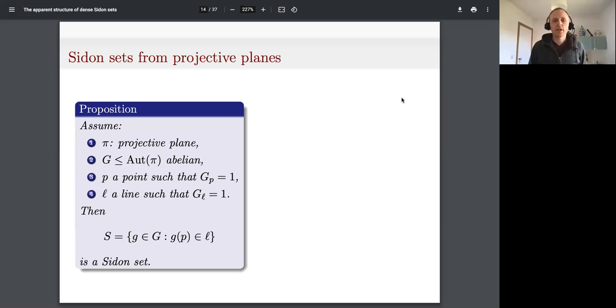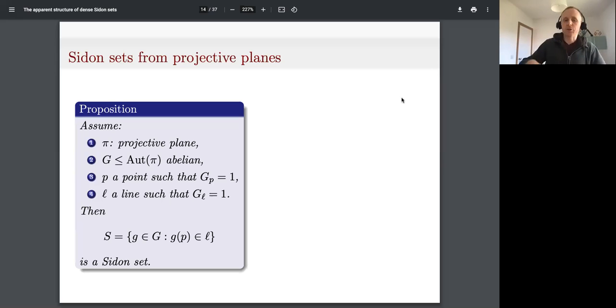And then what I need for this construction is an abelian subgroup of the automorphism group. So call that G. That's going to be our group. And then finally, I need a point with trivial stabilizer and a line with trivial stabilizer. So in other words, if you look at the orbit of this point, the group acts regularly on that orbit.